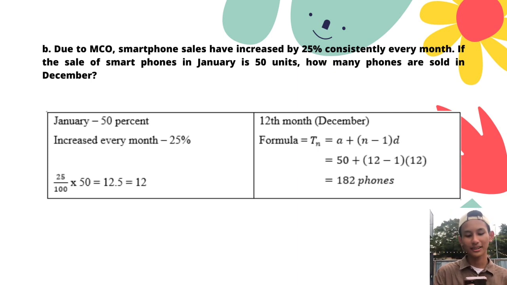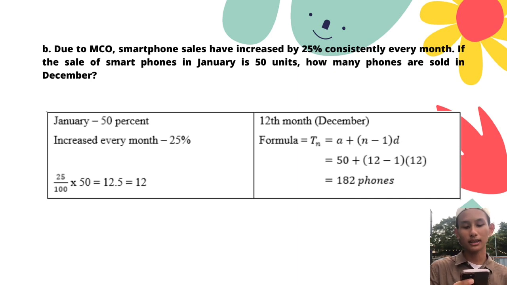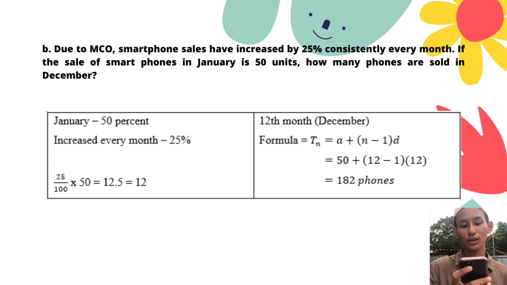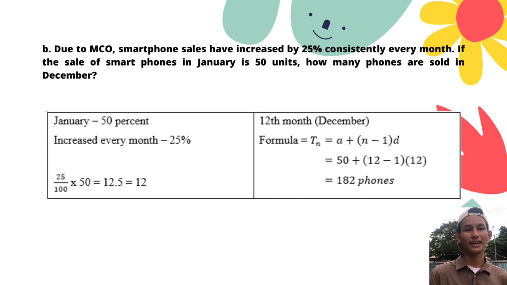So from the data given, January is 50, increasing every month by 25%. 25 divided by 100 times 50 equals 12.5, which is 12. So there is an increase of 12 units for our phone every month.